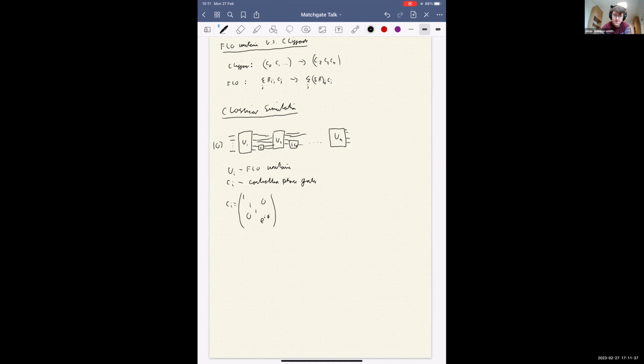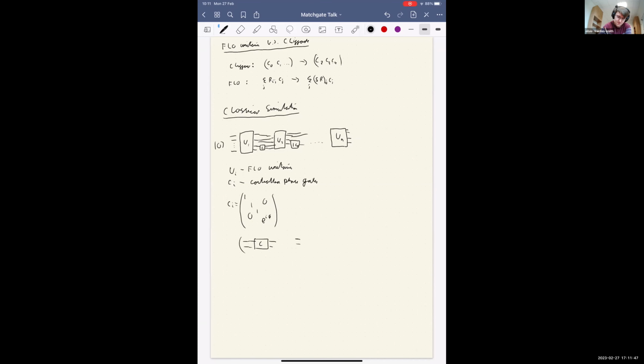What you do is you take each C, you remove it, and replace it with something more complicated: a U with some post selection here.